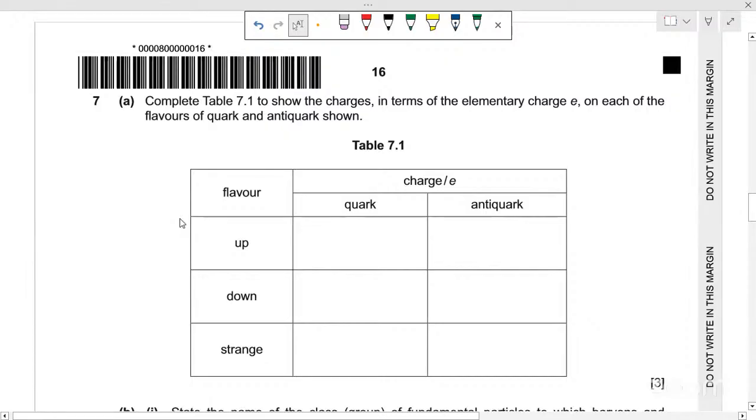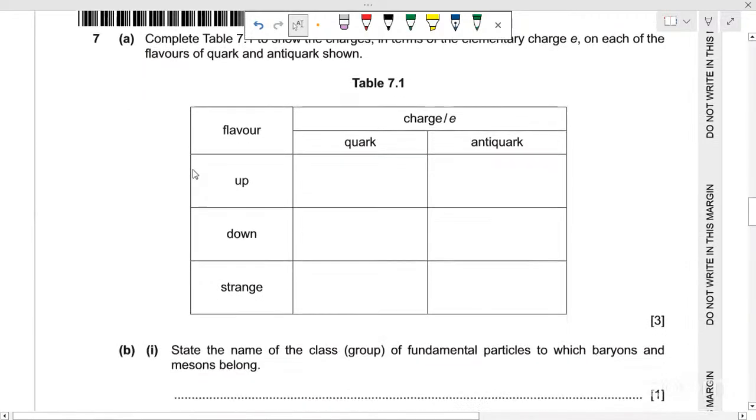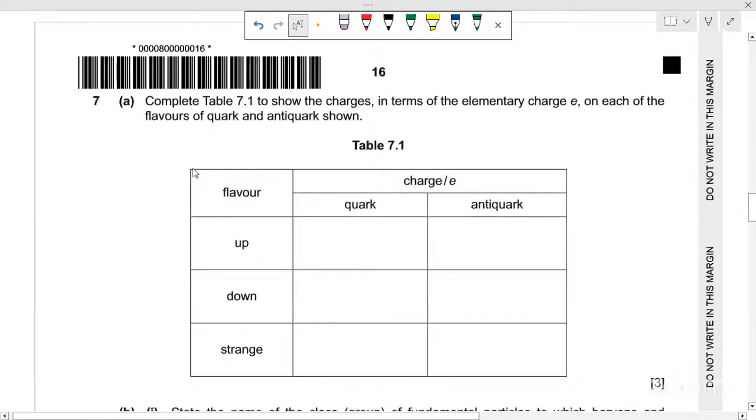Now let's do the second question. I will recommend you to read this question and try to fill this paper table. I will give you 2 minutes so that you can do it by yourself. I always recommend students must try it.